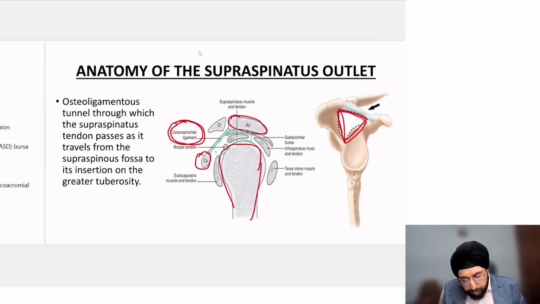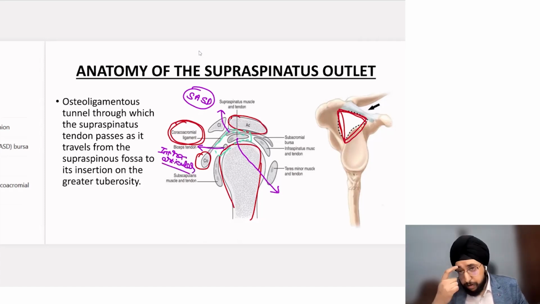Now the contents. We have the supraspinatus muscle and tendon, that is the myotendinous junction as well as the proximal tendon. Then we have the subacromial subdeltoid bursa, and we also have the intra-articular portion of the biceps tendon, or the portion of the biceps tendon in the rotator interval.